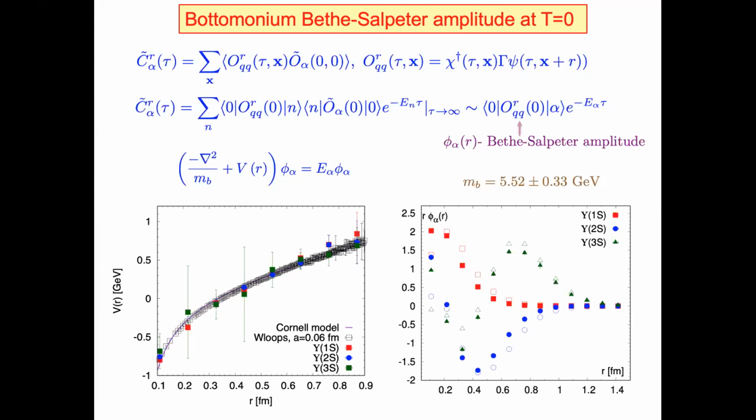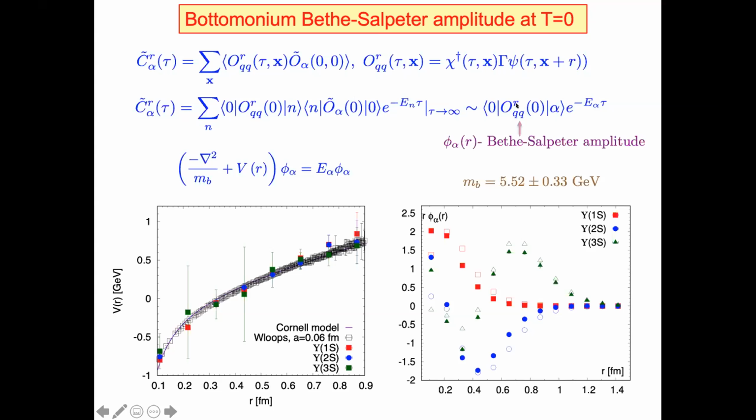Now, if you do a spectral decomposition of this correlation function by inserting a complete set of states, and you go to large time, because you use the optimized operator, essentially you're left with a single exponential decay for a given quarkonium state alpha.